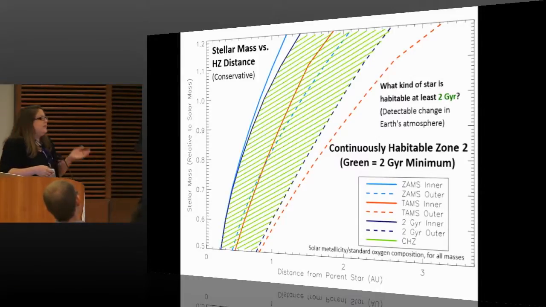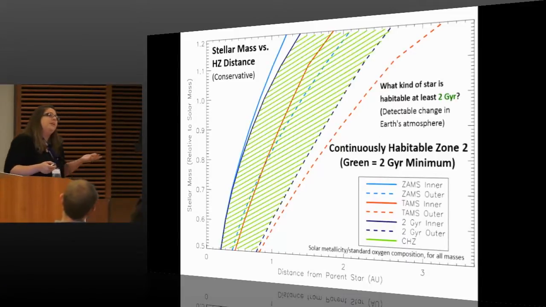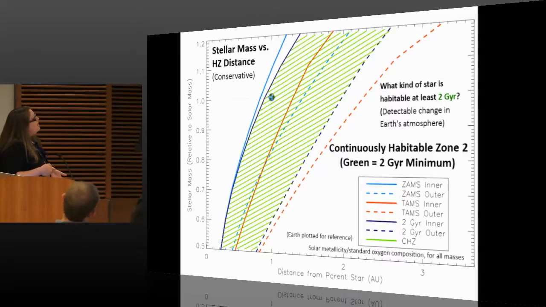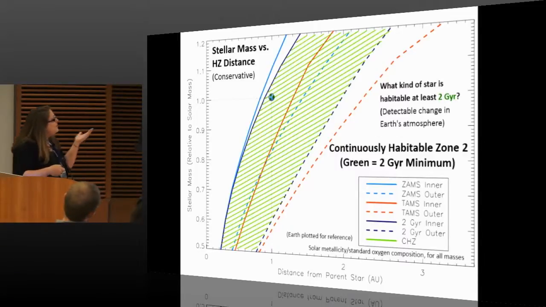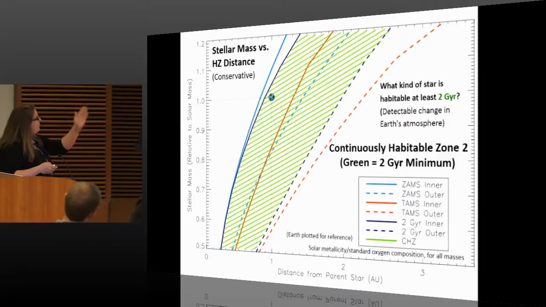That's obviously an anthropomorphic boundary condition that we've imposed because it took Earth about 2 billion years for life to produce a detectable biosignature, but it's a starting place at least. So we can now plot Earth and it falls nicely in our little shaded area. So basically this is just to show how we're trying to constrain our habitable zone time limits.